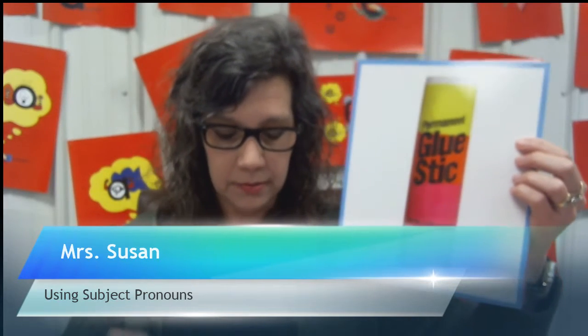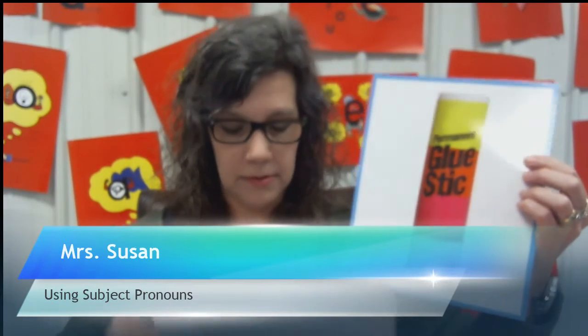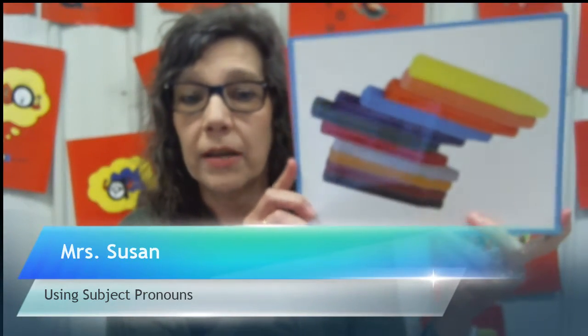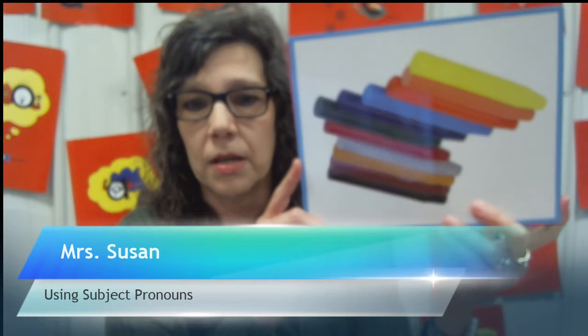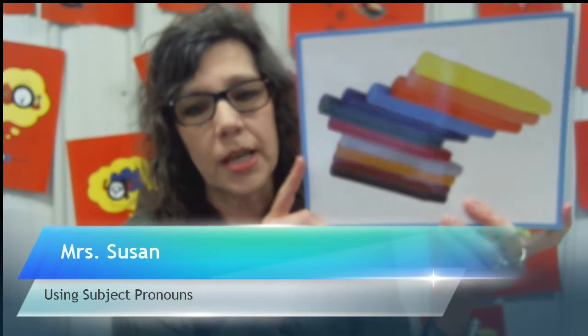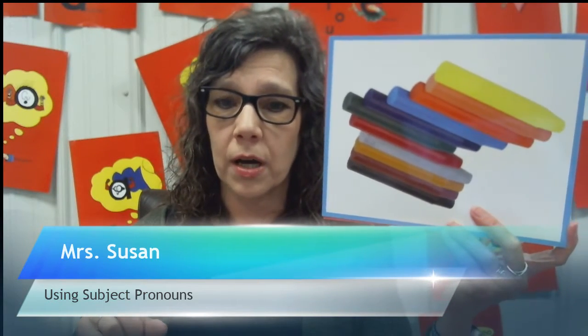What about this one? What are these? These are crayons, colors. How many are there? There's a bunch of crayons or colors. So I couldn't say it. It is just for one thing, one object.